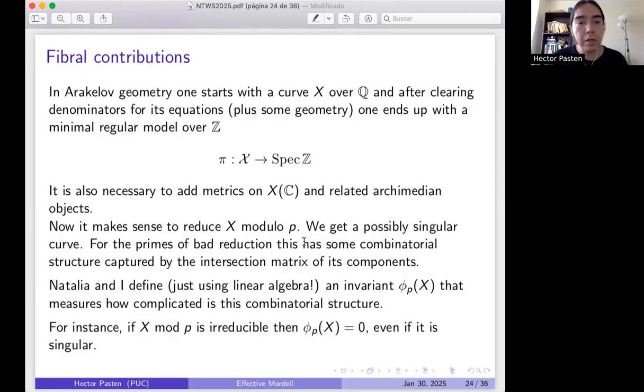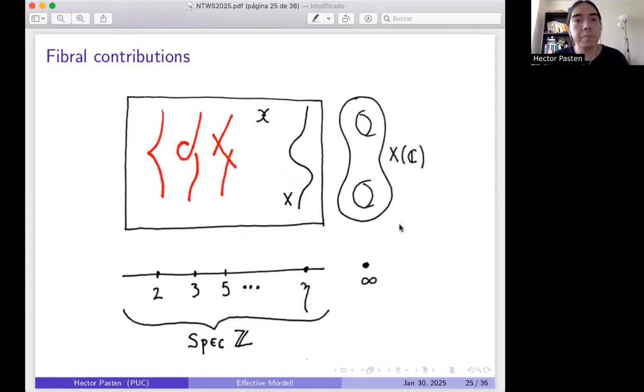So, for instance, one case that's convenient is when the special fiber, the reduction mod p, is irreducible. Even if it's singular, being irreducible implies that our invariant is 0. I'm not going to define it, but at some point I will show you numbers, okay? Here's a picture. This surface is spreading out the original curve X. This Riemann surface is the complex points of the curve, but then you can reduce mod 2, mod 3, mod 5.